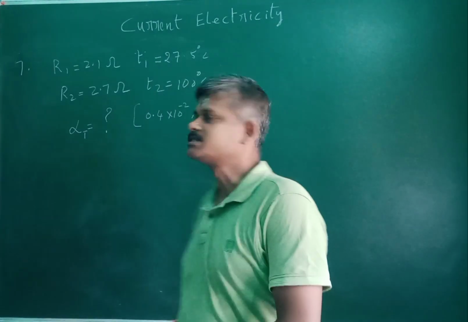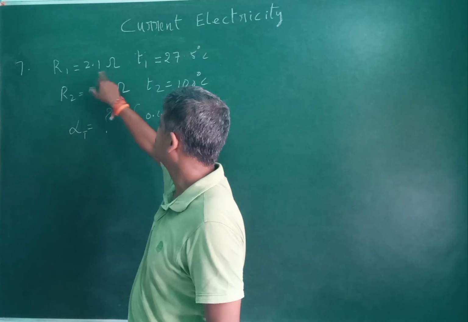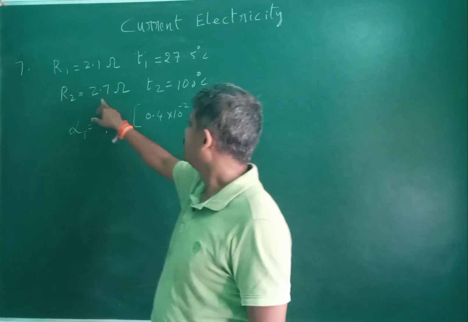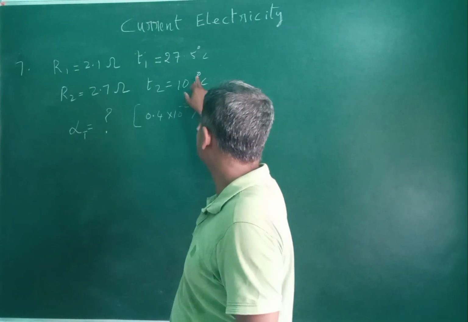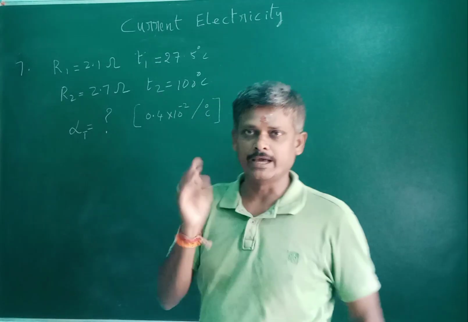Question number 7. A silver wire has resistance 2.1 ohm at 27.5 degrees centigrade and 2.7 ohm at temperature 100 degrees centigrade. Find the temperature coefficient of resistivity of the wire.